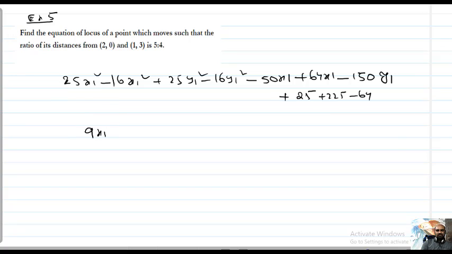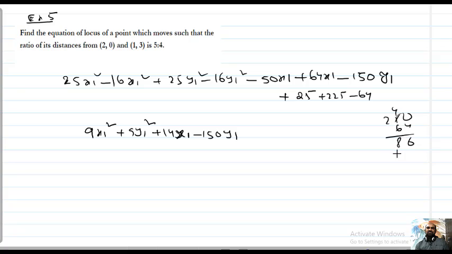9x1 square, here 25 minus 16, that is 9. 9y1 square. Addition of these two, what happened? Plus 14x1, minus 150y1, and the constant 186, equal to 0.